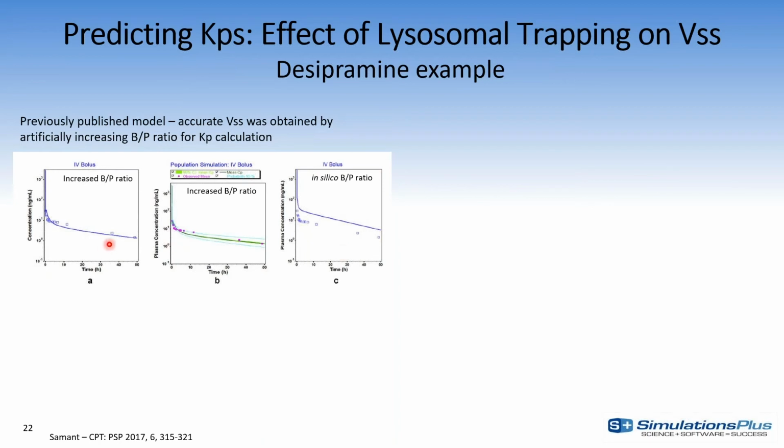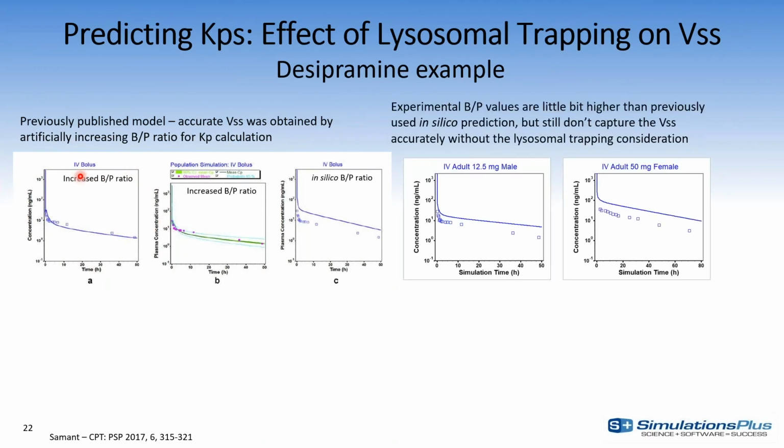Because we didn't have a method to account for lysosomal trapping, the way we did it was to increase the blood to plasma ratio manually to match the volume distribution. So this is the model simulation in the past with the increased blood to plasma ratio.